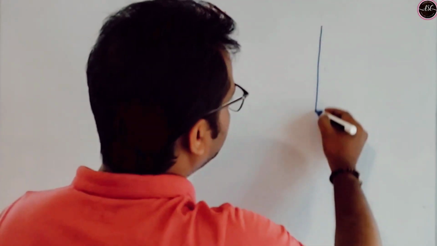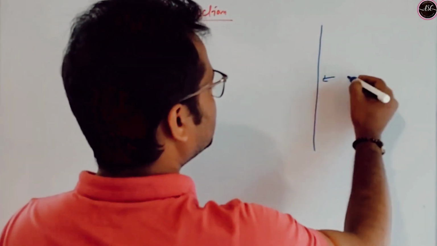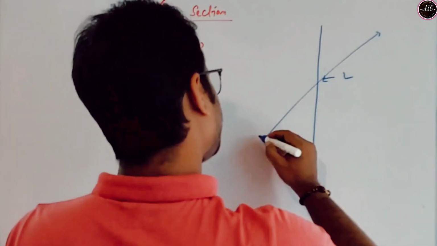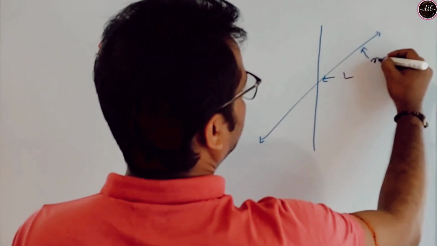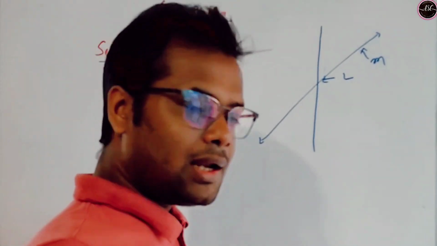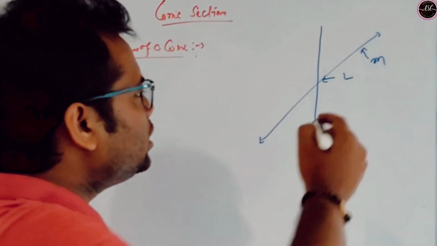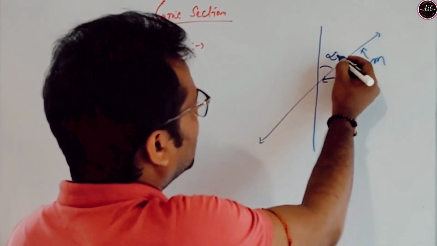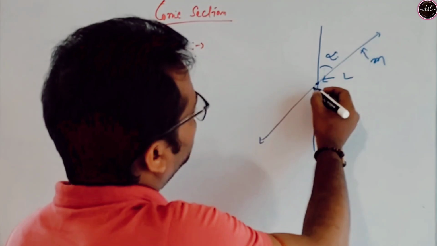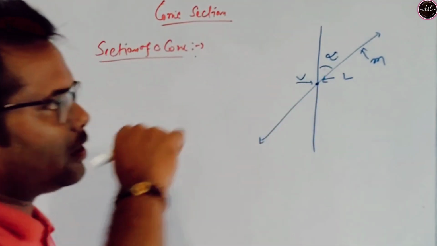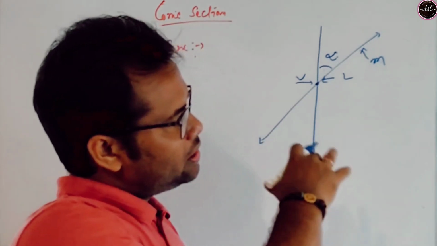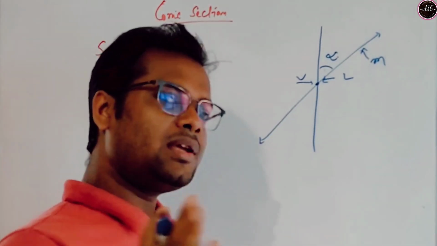Let L be a vertical line. This is L. And there is a line M. L is a vertical line and M is a line with inclination alpha with L. And the intersecting point is fixed, V. This is a geometrical figure.